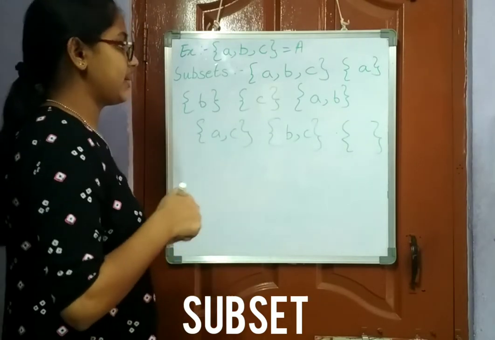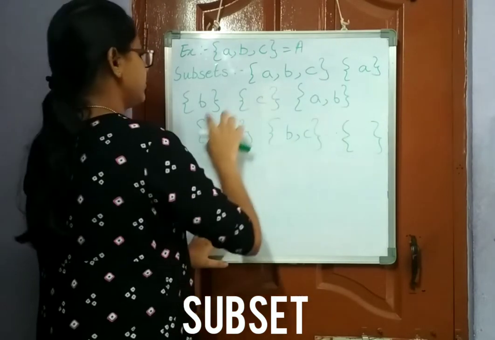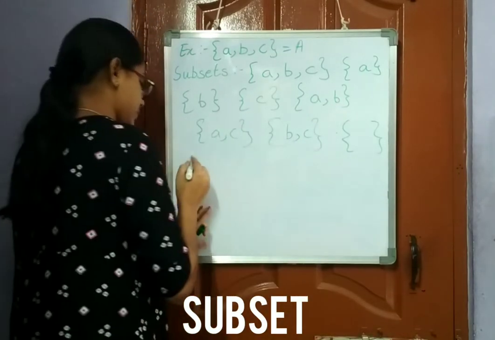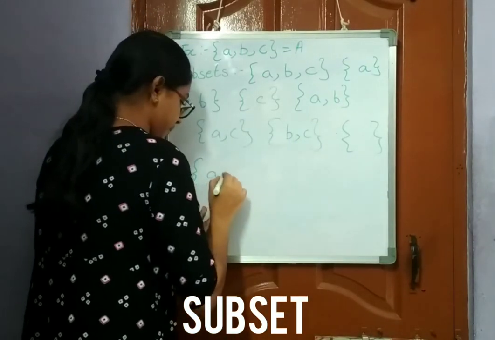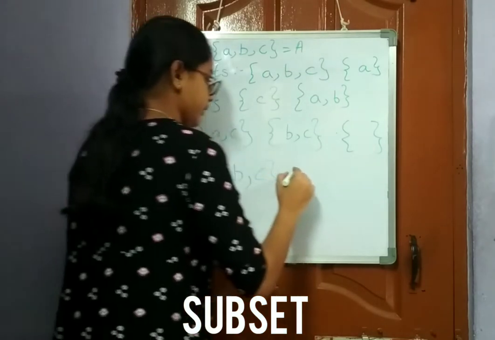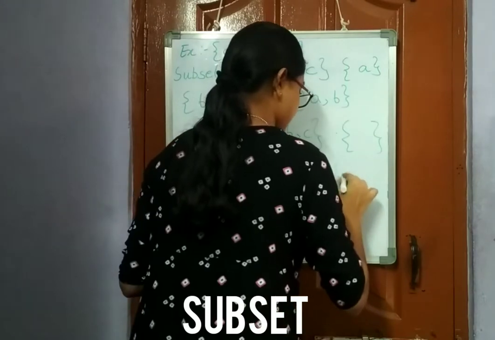So we got the number of subsets as 1, 2, 3, 4, 5, 6, 7, 8. So for the set A, B, C we have 8 subsets.